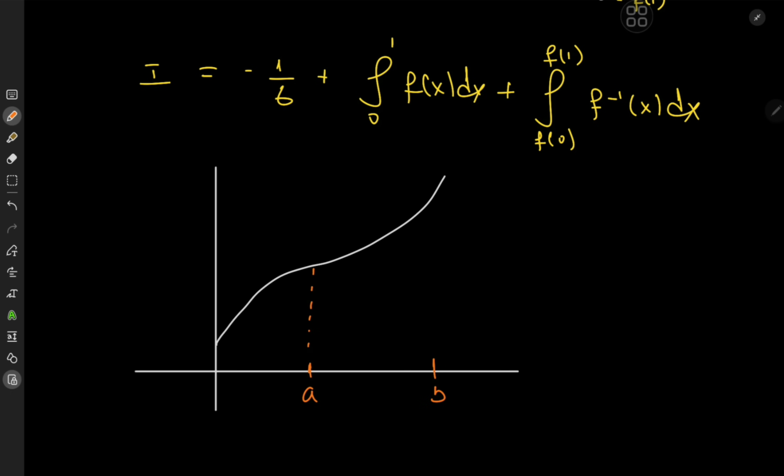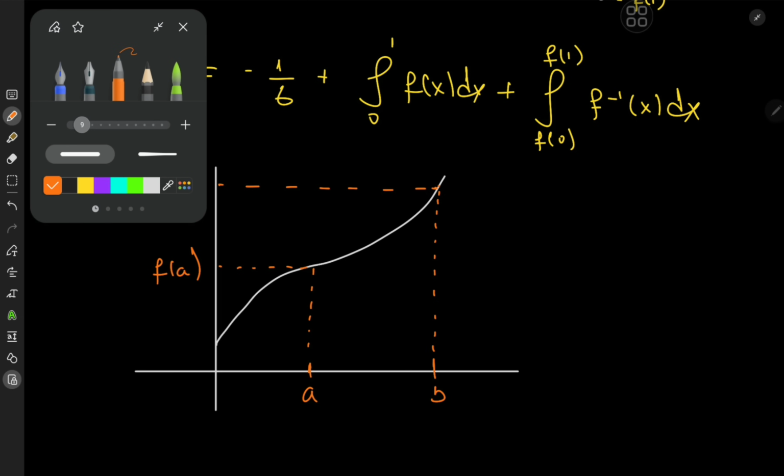And of course, we have the corresponding f of a, and the corresponding f of b. Terribly sorry about that. My art skills aren't exactly all that great. Anyway, so this is f of b.